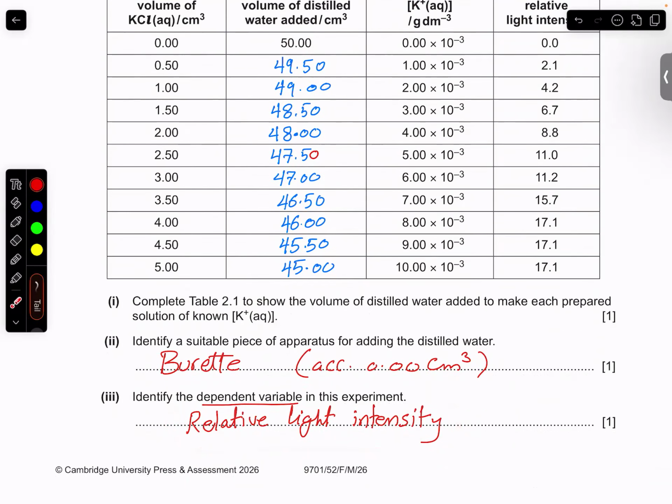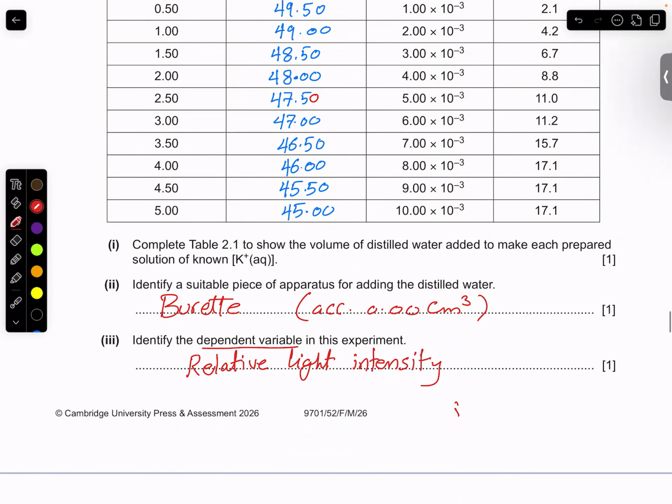The independent variable is the concentration because we change it. Independent is something that we change, but the dependent is something that we measure.